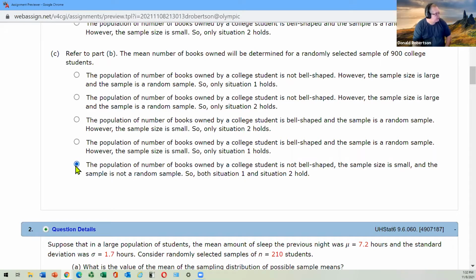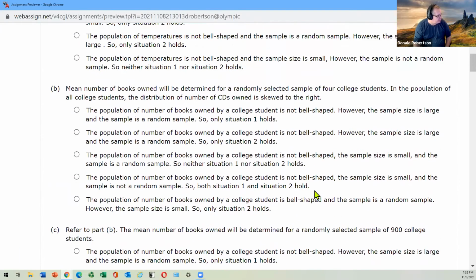Both hold. Now, hopefully this one here has got both wrong. Let's find out. The mean number of books owned will be determined from a randomly selected sample of 4 students. Would you agree that's too small? And the data is skewed to the right. Would you agree number 1 is out as well? 1 is shape and 2 is size.